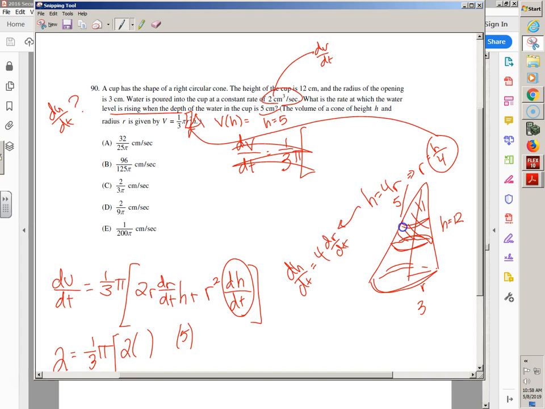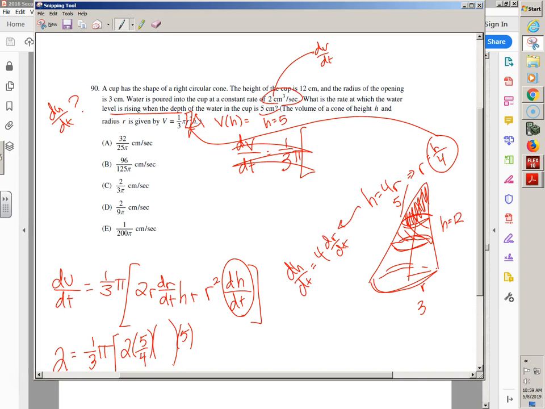So would we just do it all in terms of h and use h over 4? Yeah. But you can still do that at this point too, but you'd have to consider this at some point. If h is 12 when r is 3, then if h is 5, r must be 5/4.